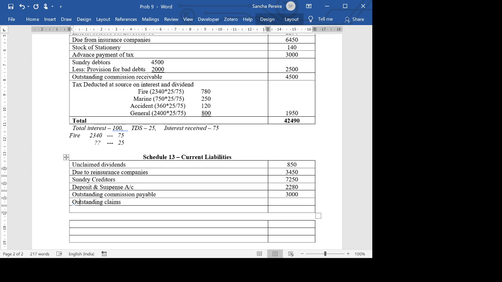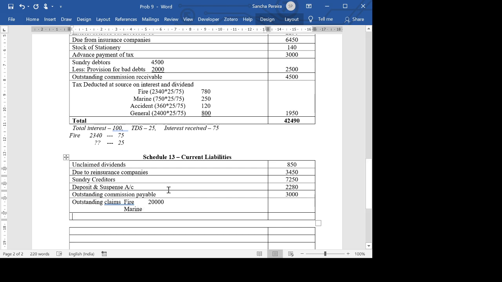Outstanding claims, we have got three items here. Fire is 20,000. Then we have marine, which is 5,000.